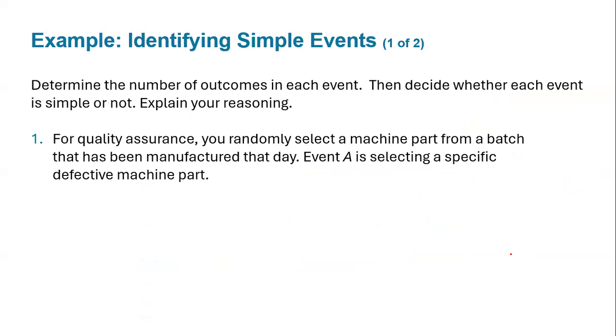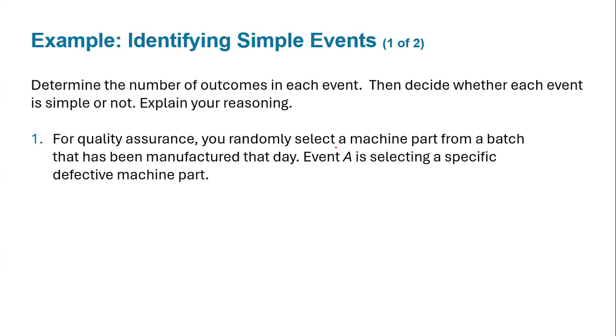Next example, it says determine the number of outcomes in each event and then decide whether it's simple or not. It says for quality assurance, you randomly select a machine part from a batch that has been manufactured that day. Event A is selecting a specific defective machine part. Is this a simple event?